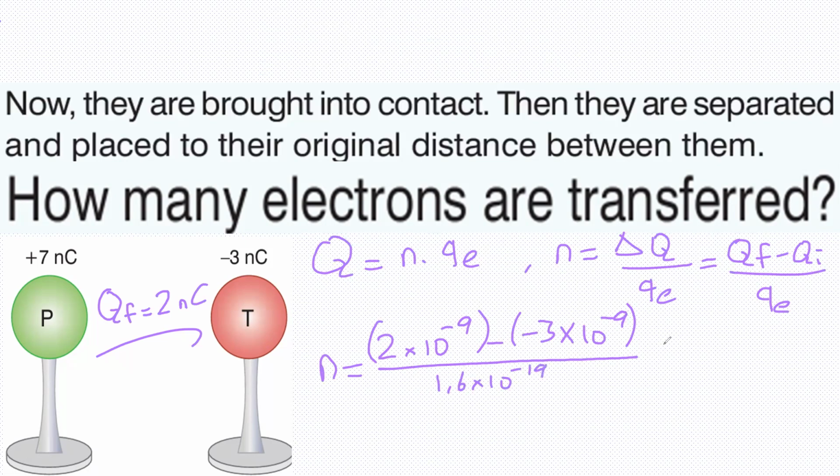Positive, negative, we'll check on top if you get positive. So plus, negative, negative making plus, yeah, 5, positive. 5 times 10 to the power of negative 9 over positive 1.6 times 10 to the power of negative 19. As you see, you are getting on top positive, and then this one is positive. Number of electrons transferred, let's calculate 5 over 1.6. And then we are getting our last answer.